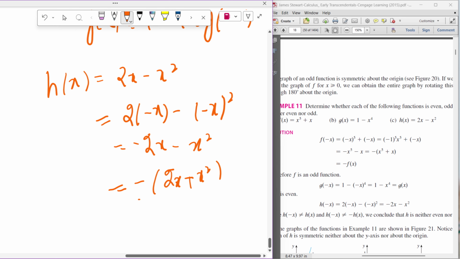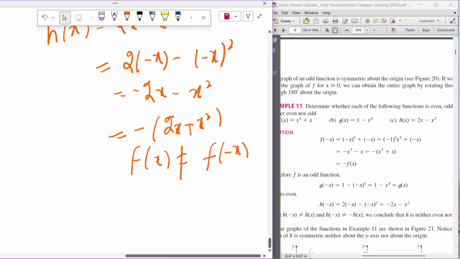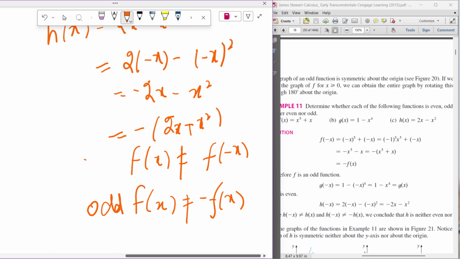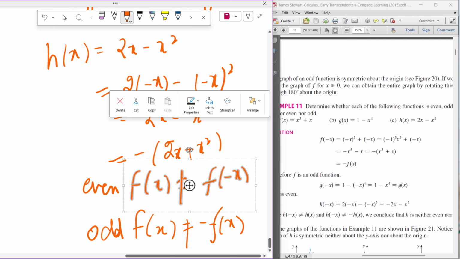So in this scenario, the function f of x is not equal to f of minus x, and also f of x is not equal to minus f of x. That is the condition for the odd function, and that condition is for the even function. This function is not satisfying either condition, which means this function is neither odd nor even.